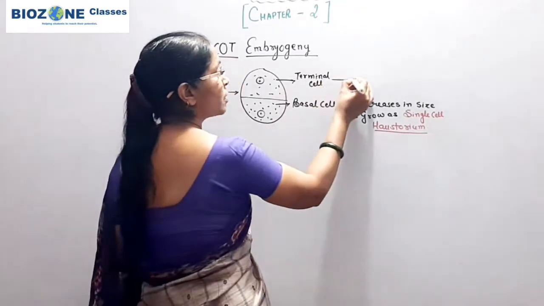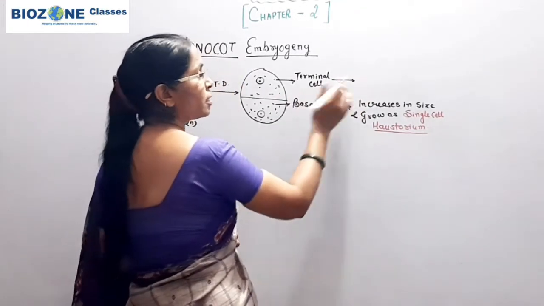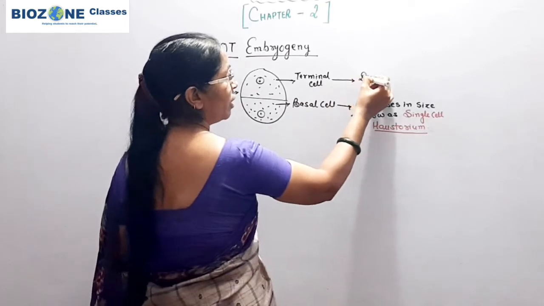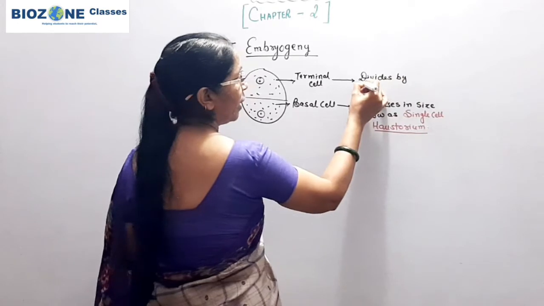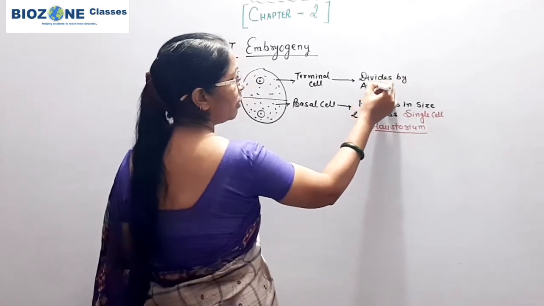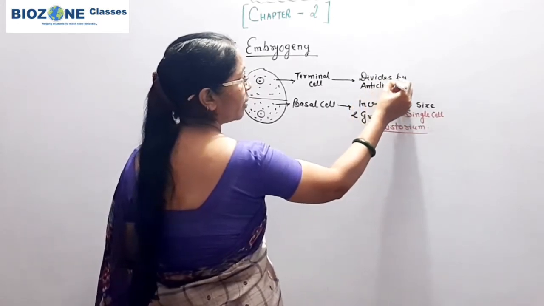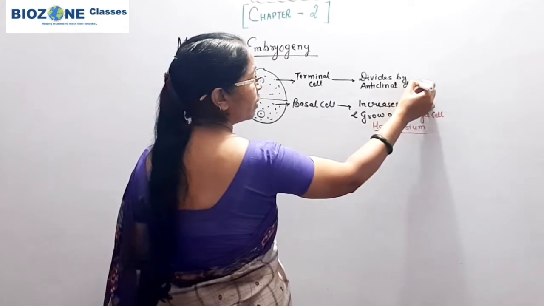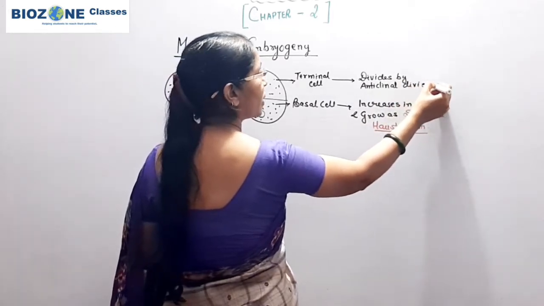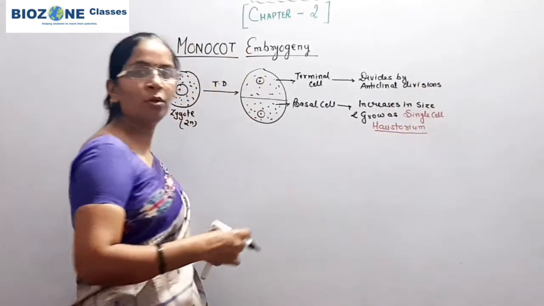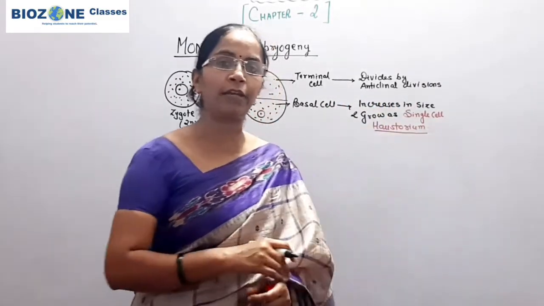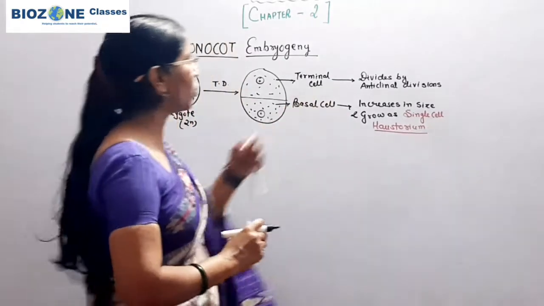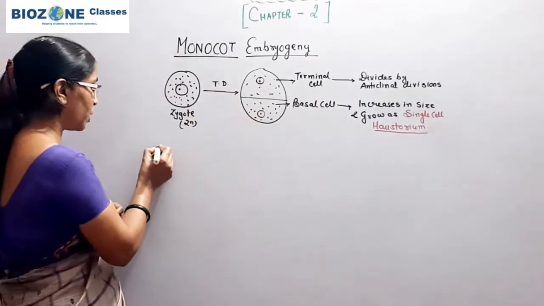Similar to dicot, the terminal cell divides by anticlinal division, meaning the divisions take place at a 90-degree angle. So what is happening?